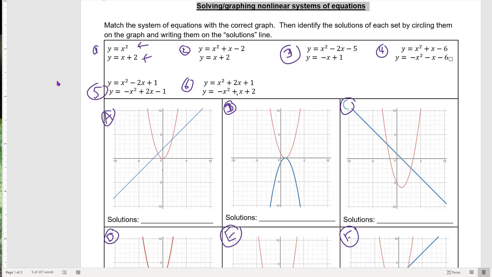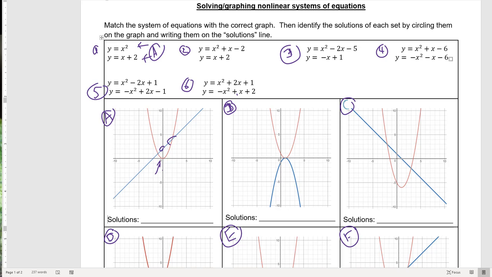If we look at this first graph, we can see that we have a vertex here at (0, 0). The shape of the parabola is what it should be. And then we have a line with a slope of 1, and the y-intercept here is at +2. So this is our solution. Question 1 matches graph A.